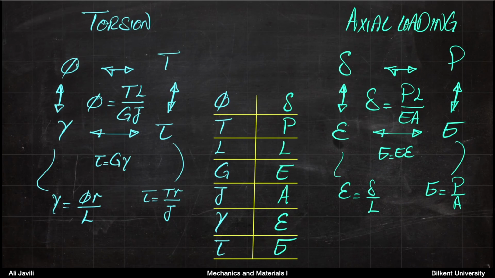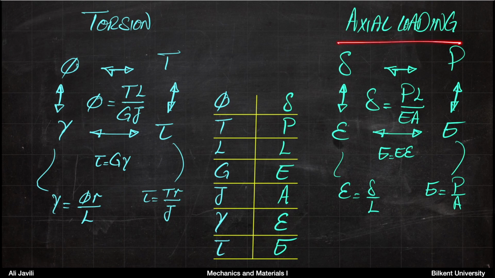So we are done with the topic torsion. We had 4 lectures on this topic. The take-home message for you is that torsion, similar to axial loading, follows exactly the framework that we are looking for in this lecture. If you remember, we always talked about this big picture of mechanics.